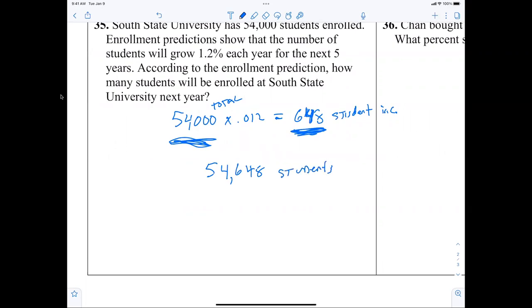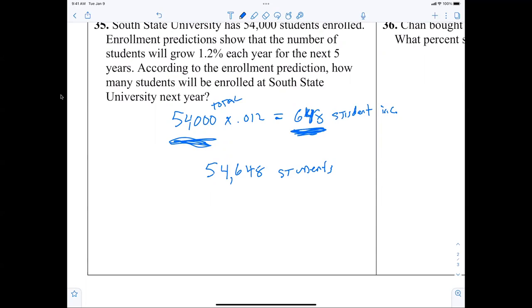Yeah, I'm confused on the times. Like how do we multiply that 54,000 by 0.012 and get 648? It's not 0.12. Yes, but how do you get 648? Did you have a calculator? So do it on your calculator.